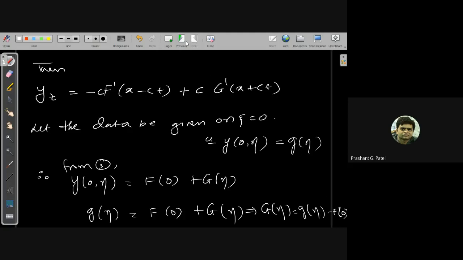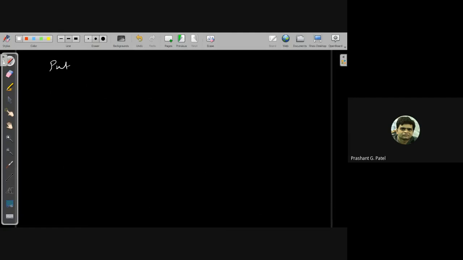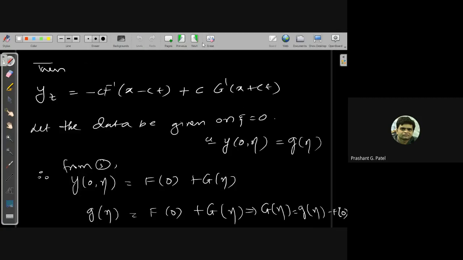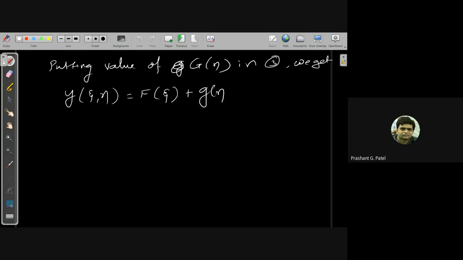So therefore, putting this value of capital G of eta into 3, we get y of xi, eta is f of xi plus capital G of eta, but capital G of eta we have seen is small g of eta minus f of 0.